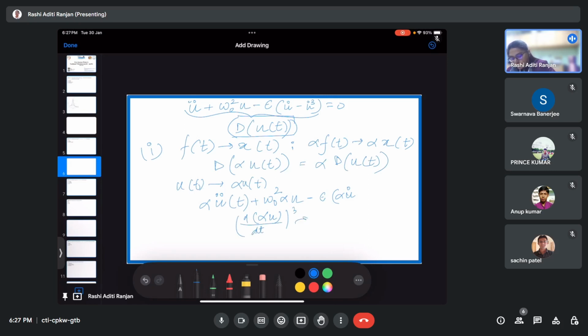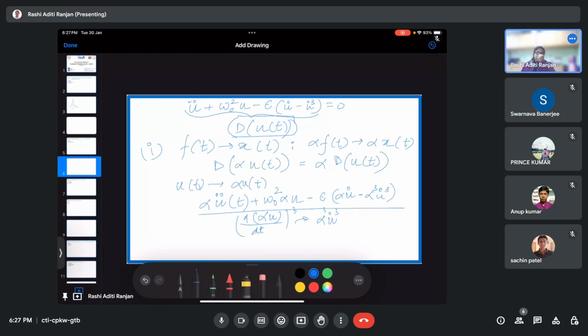So what would this result in? This would be alpha u naught cube. Sorry, alpha cube u naught cube. Here it will be minus alpha cube u naught cube.